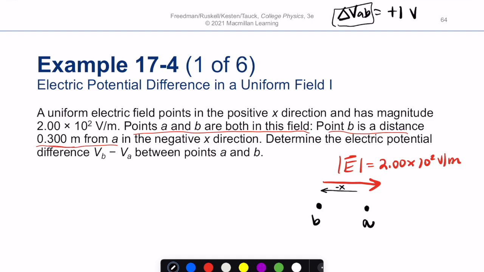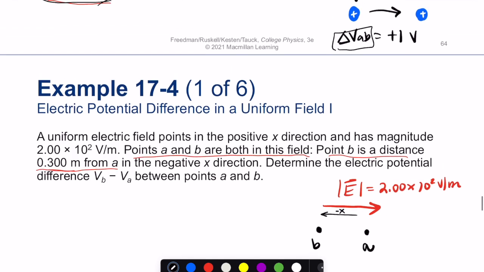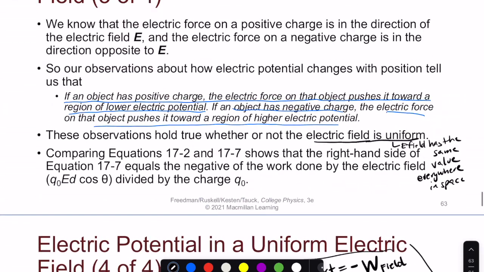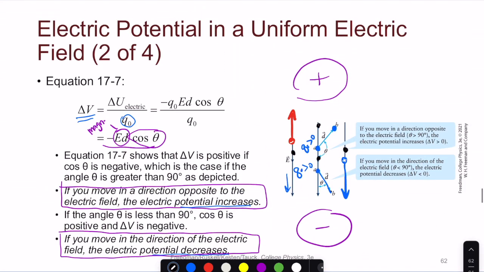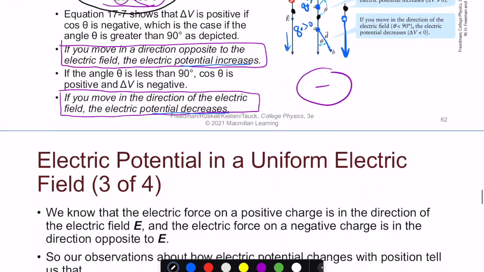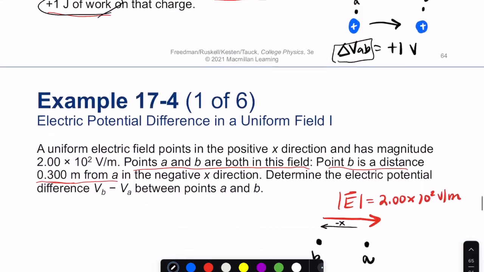Determine the electric potential difference, V_B minus V_A, between those 2 points. So let's use this definition of potential difference up here. Delta V is negative E d cosine theta. Okay, let's use this.